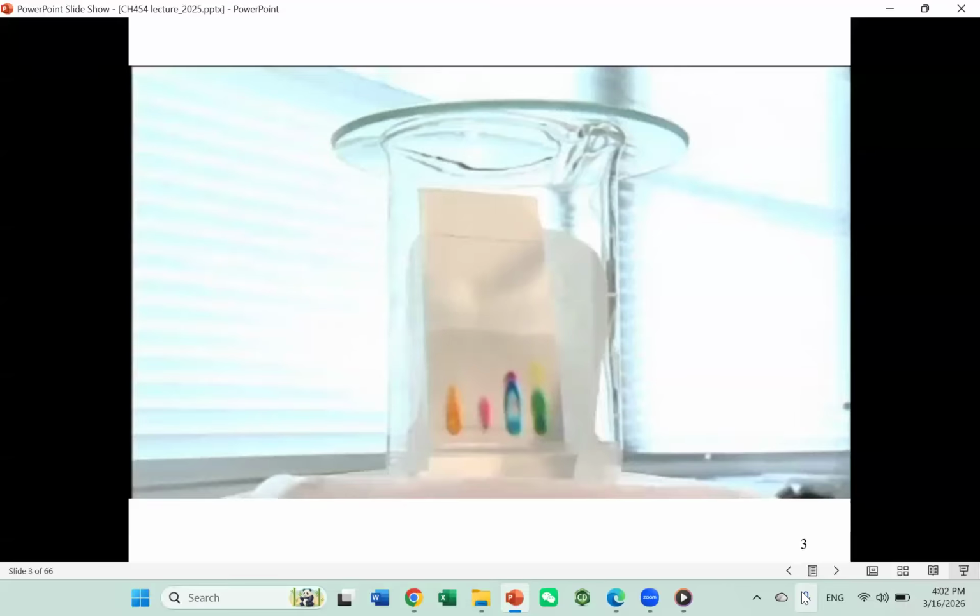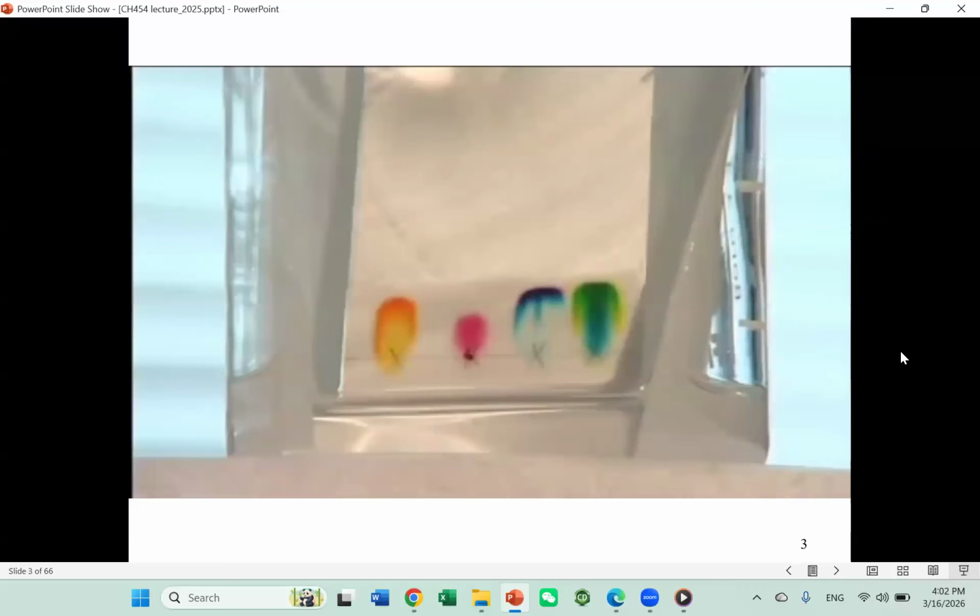The mobile phase carries different components of a mixture, called the sample, along with it at different rates. How fast each one moves depends on its relative affinity for the mobile and stationary phases. For example, if the mobile phase is more polar than the stationary phase, the more polar components of a mixture will tend to move more quickly than the less polar ones.